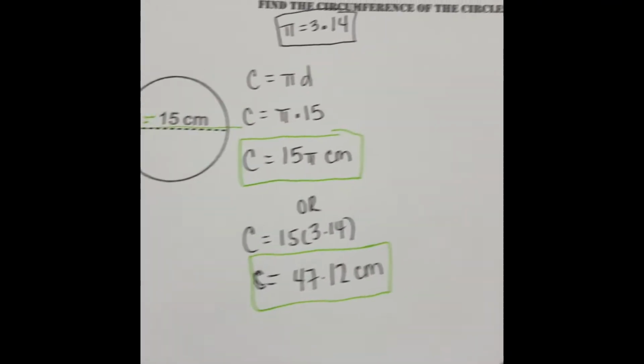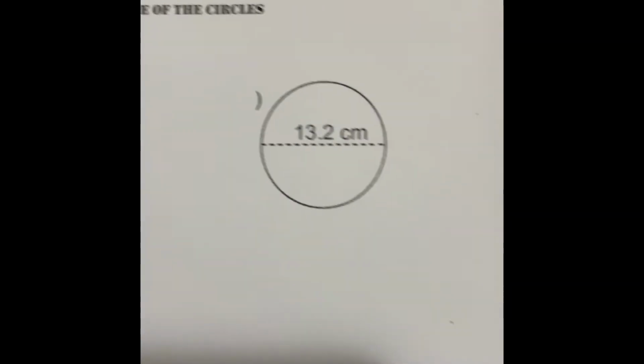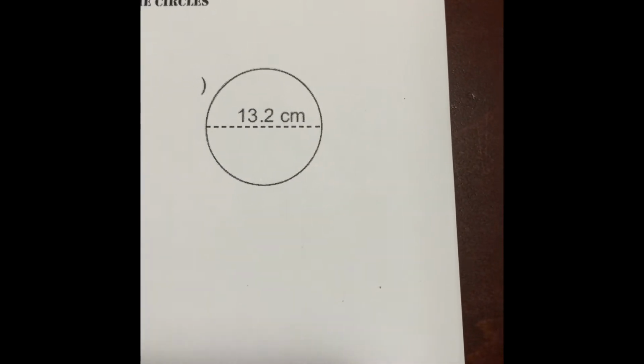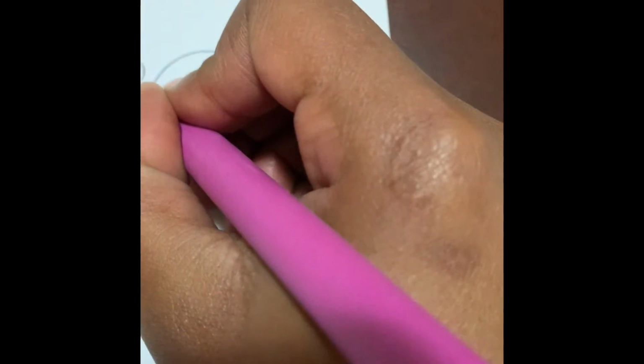Example 2. 13.2 centimeters, and it goes all the way across again, so that means I have a diameter.